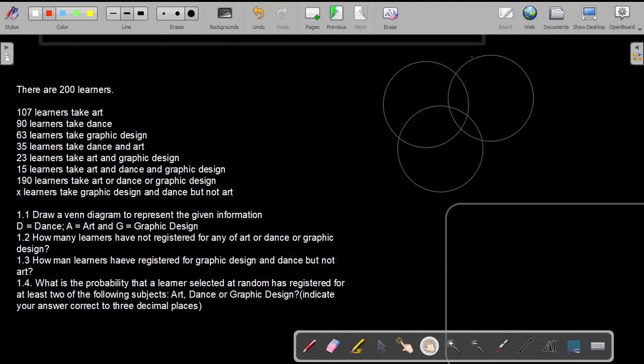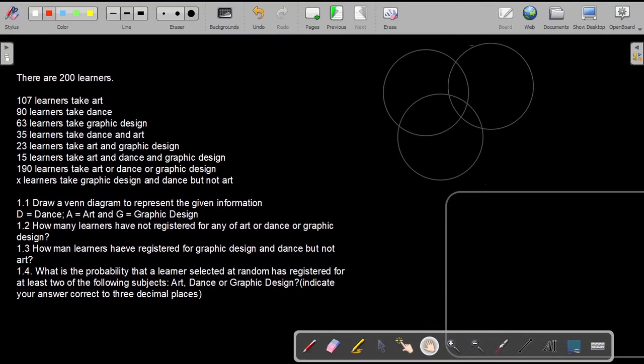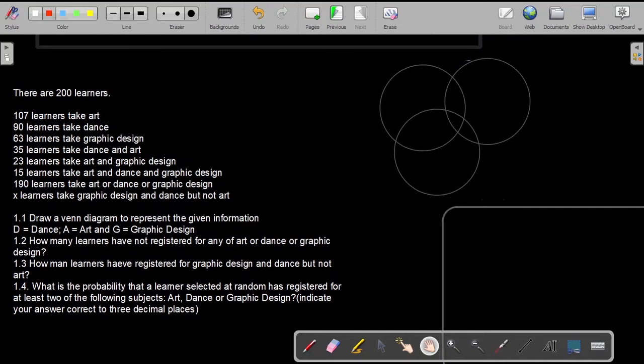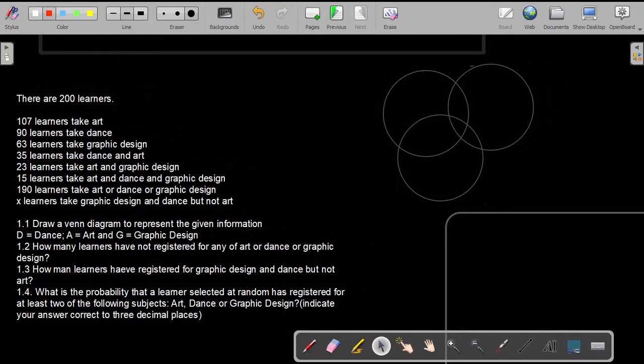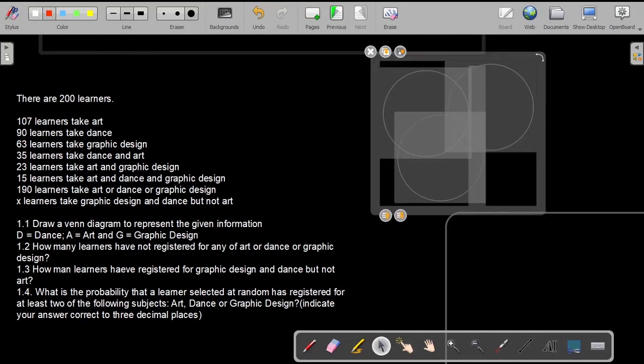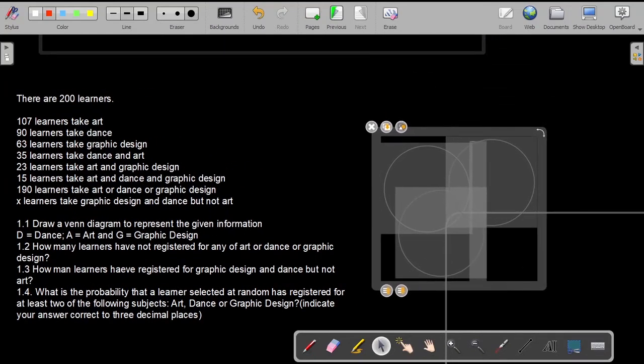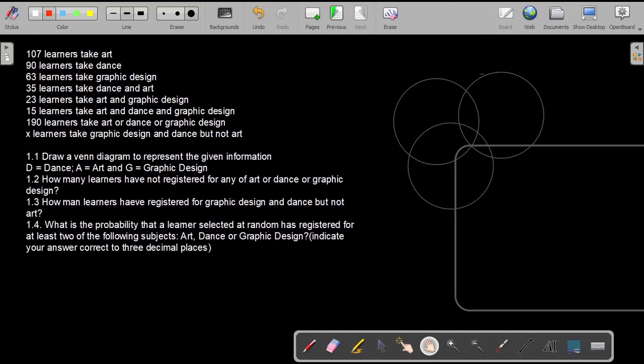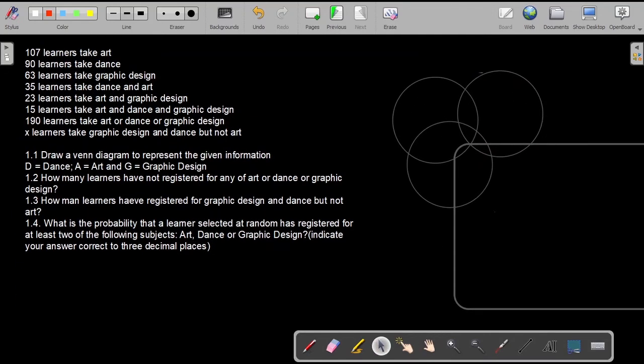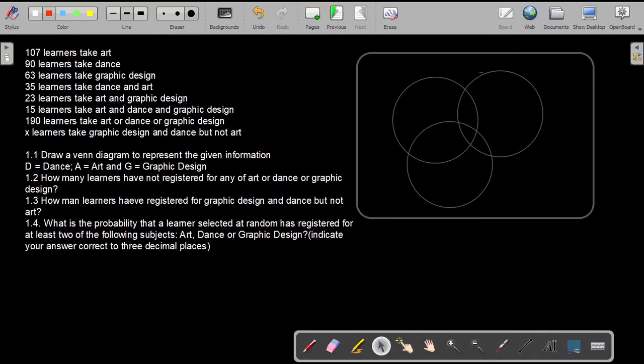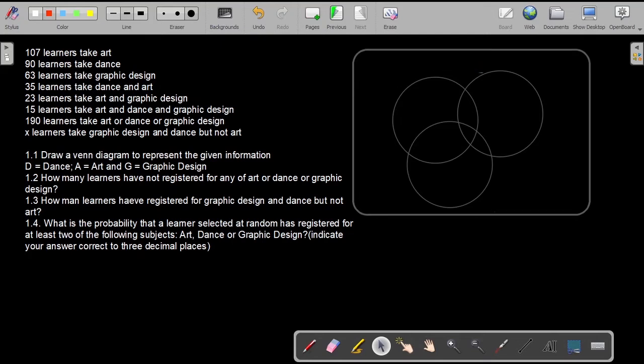Now let's scroll up a bit, then take this and move it here. Now that I have this, I'm just going to move this rectangular thing over there, and that should do. So this is our diagram.